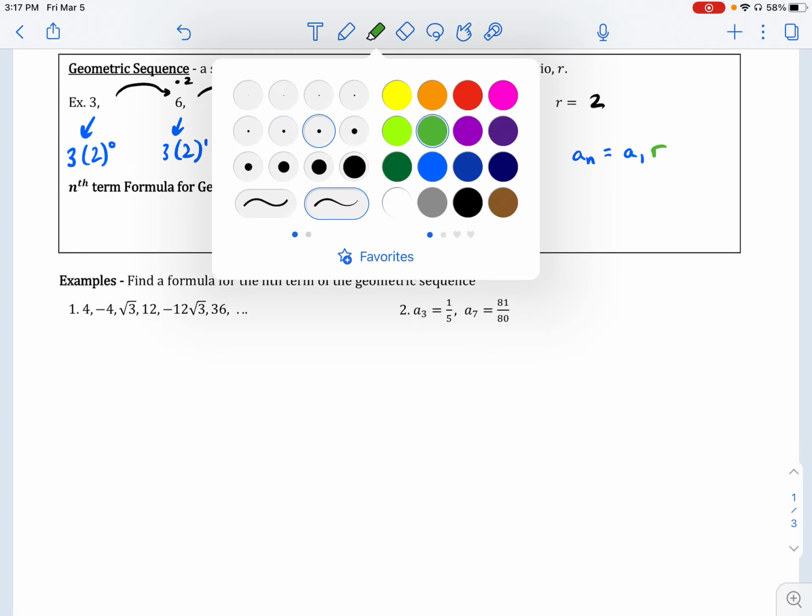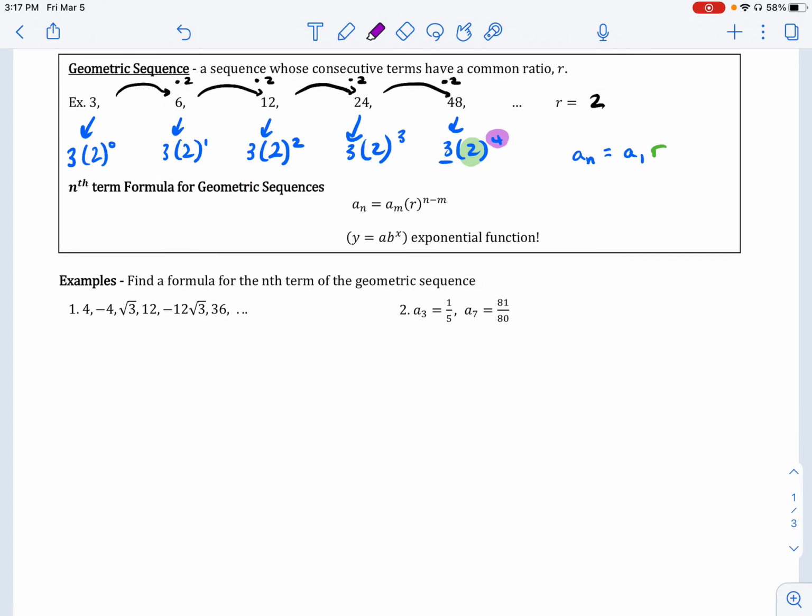Well, our power is always going to be that order number minus 1, right? So for this term here, this was the 5th term, this was a sub 5, and I see that my degree here is 5 minus 1. So we can just generalize this and say this is our nth term formula for a geometric sequence.